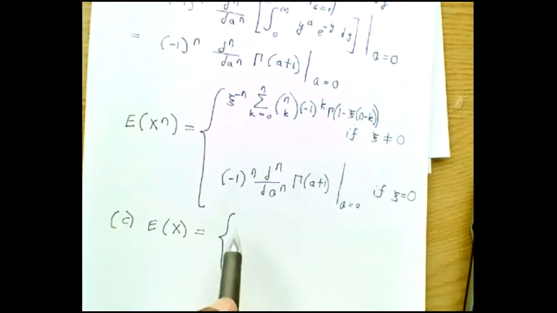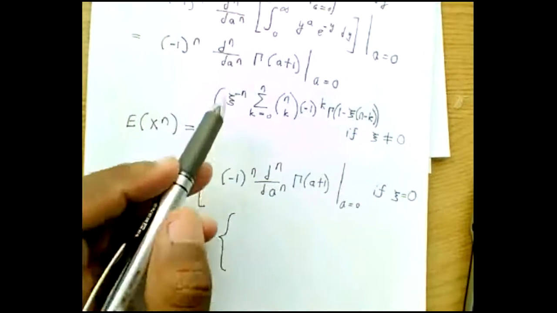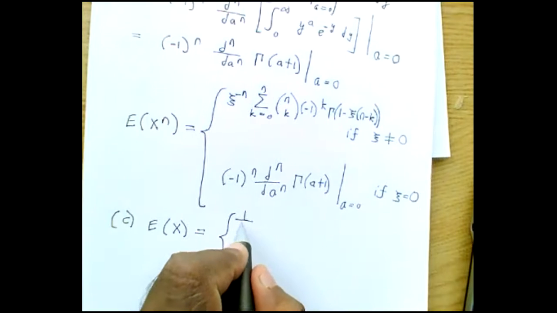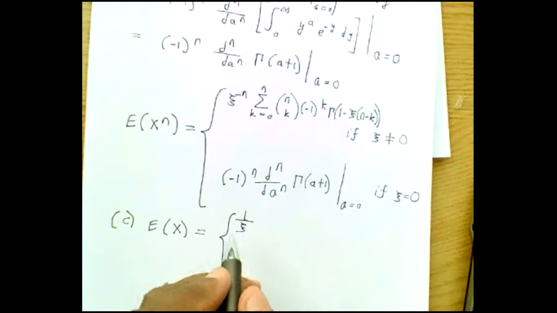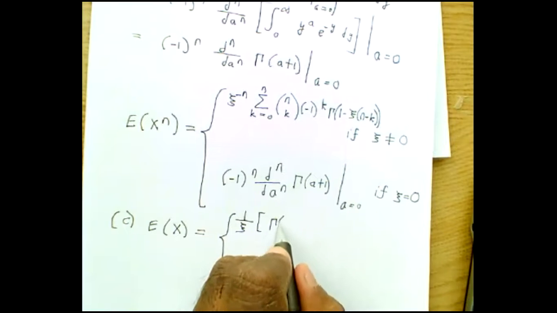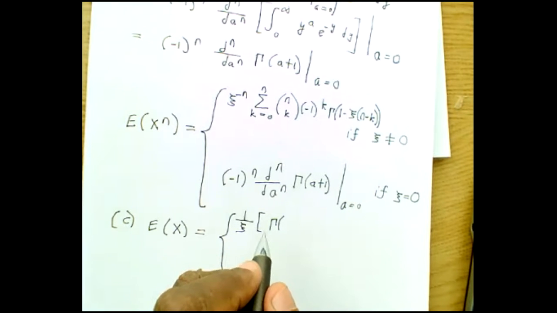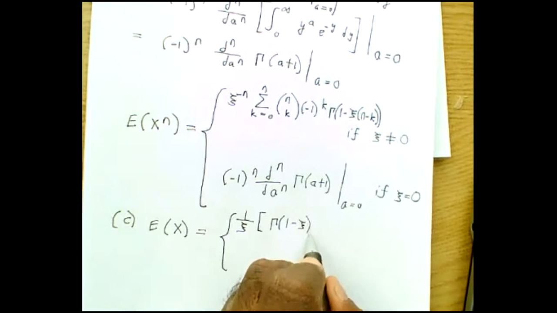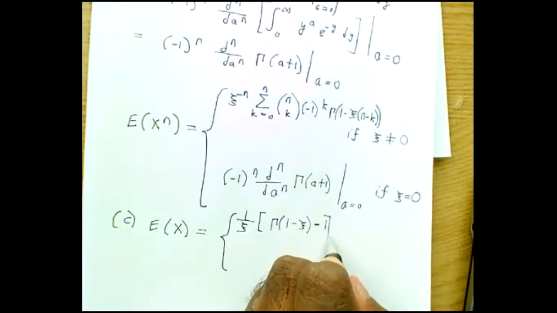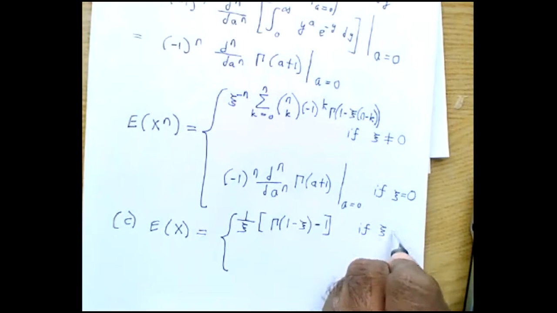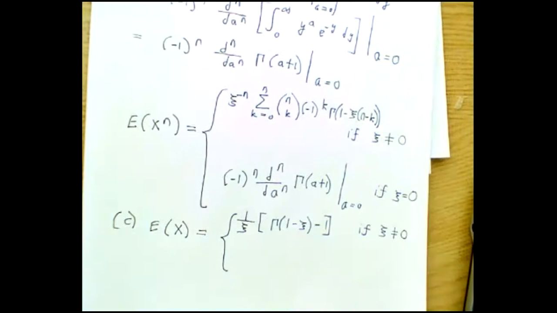So when psi is not equal to 0, if you put n equal to 1, you will get this. I think, correct me if I'm wrong. Right?